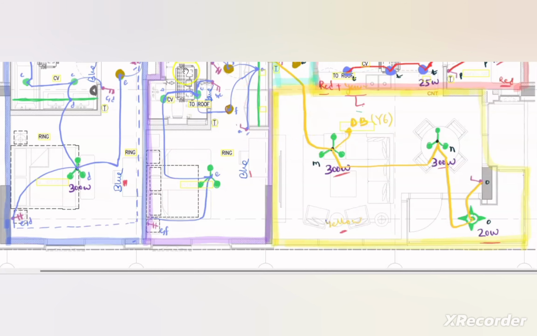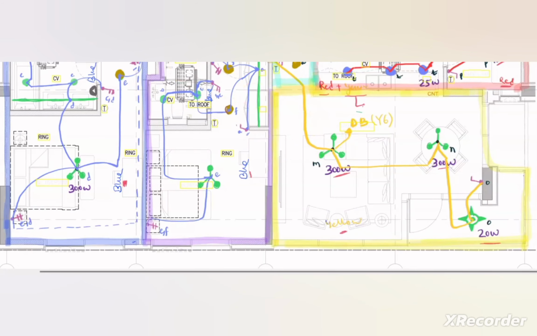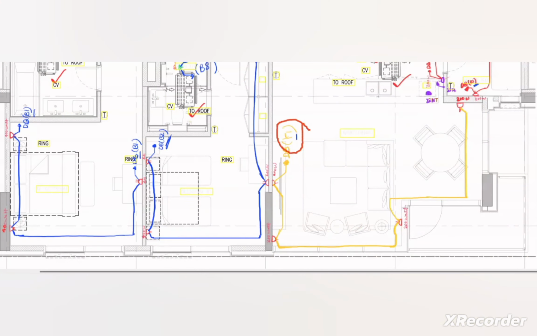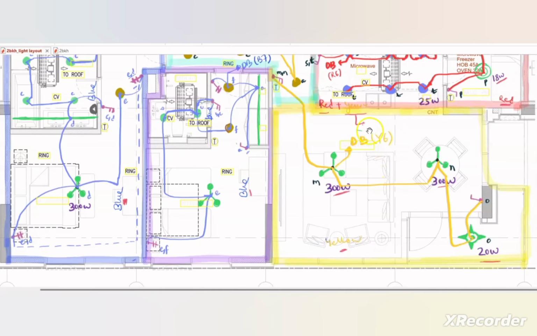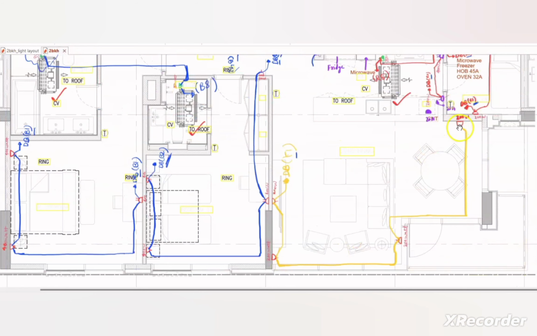So what we will do, we will change this Y load to R load, this Y1 circuit to R phase circuit. If we do so, we will reduce this load from the Y phase and we will transfer this load to the R phase. So let us change this Y circuit to R circuit in the lighting layout, and in the power circuit this Y1 circuit to R circuit.